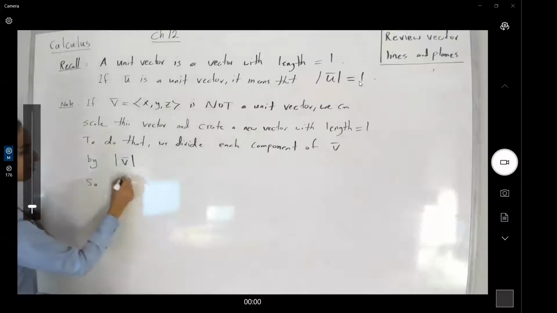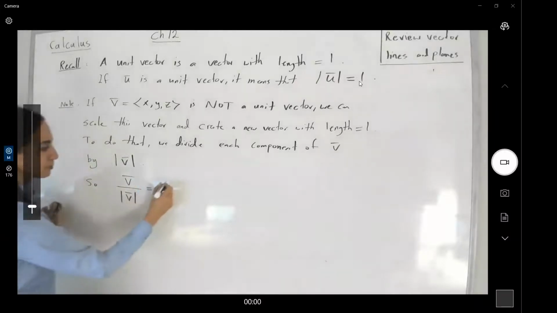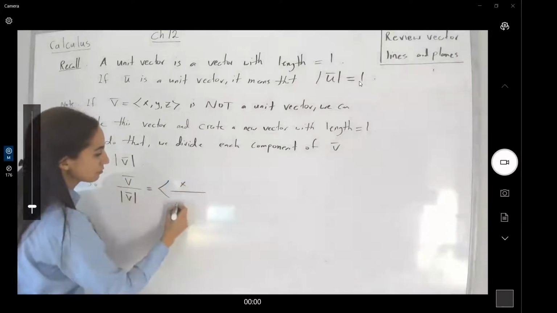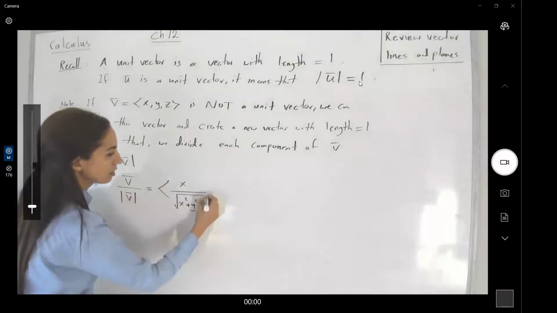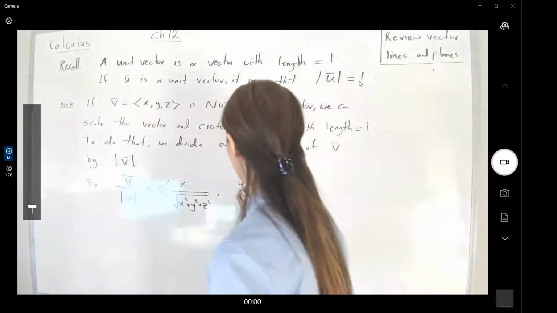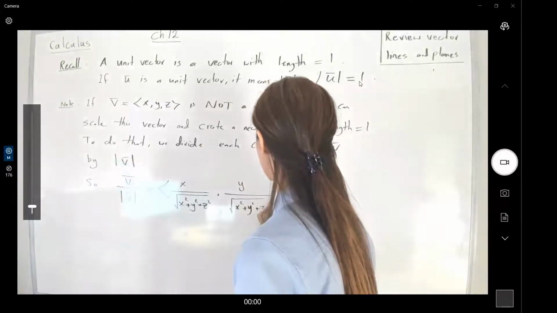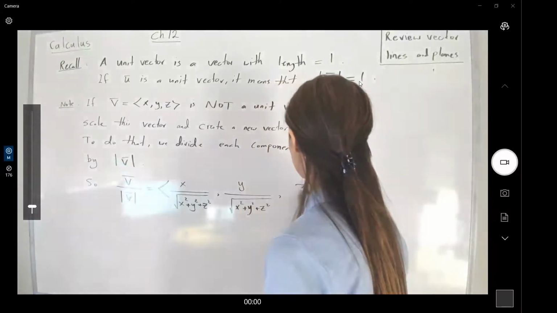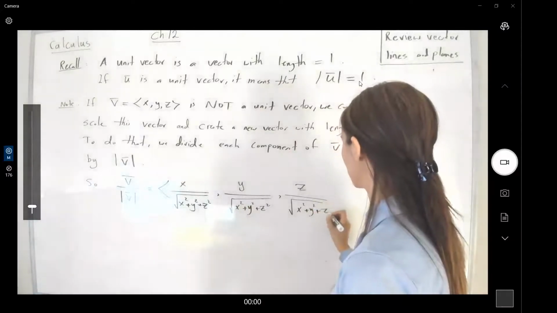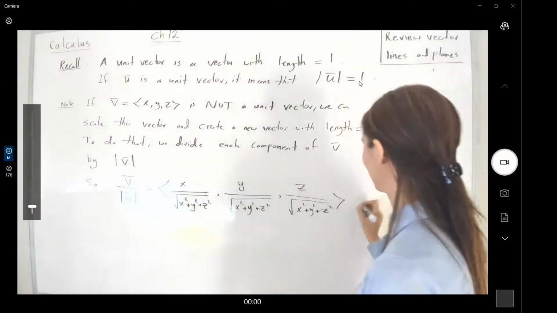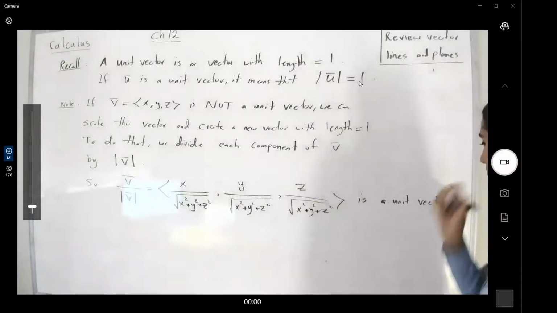So vector V divided by its magnitude, which is x over square root of x squared plus y squared plus z squared, comma, y over square root of x squared plus y squared plus z squared, comma, z over square root of x squared plus y squared plus z squared, is a unit vector.